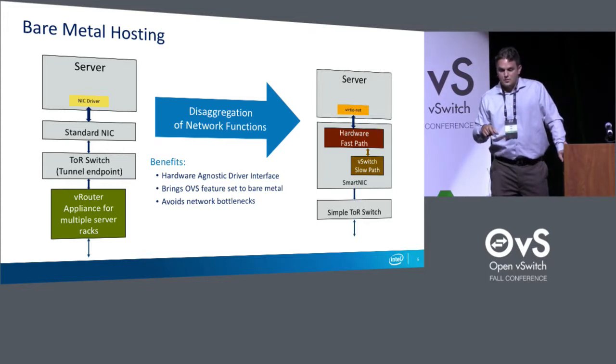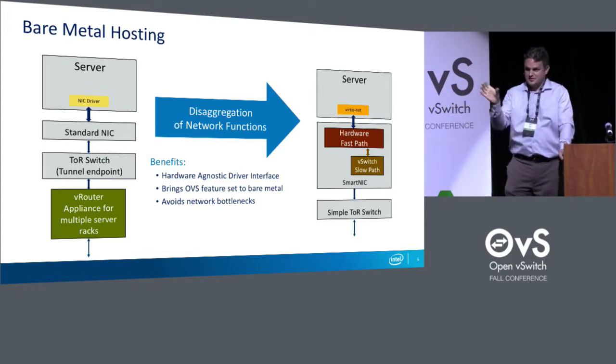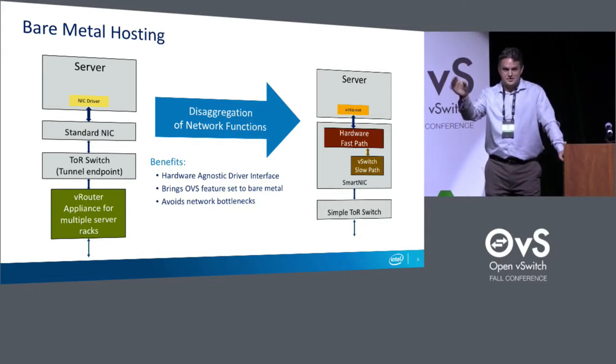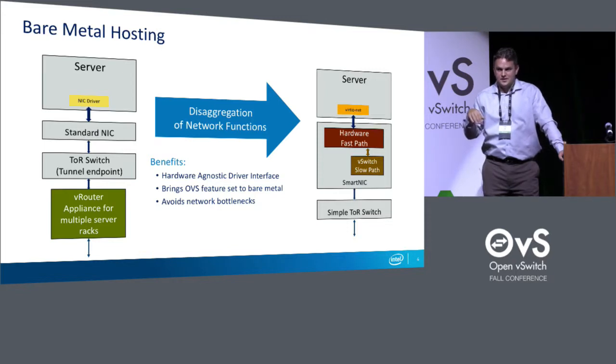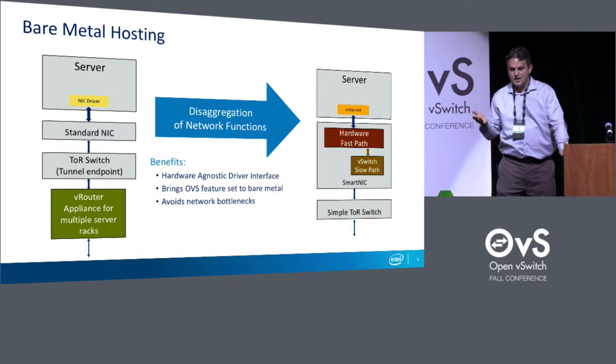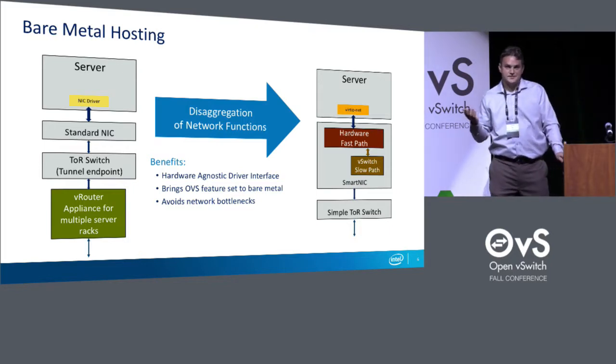And so with the same card that you had before, it's almost the same case, except it's almost like you had one big VM running on that whole server. I can run the same Open vSwitch on the card and give that bare metal server the same sort of services as a VM.